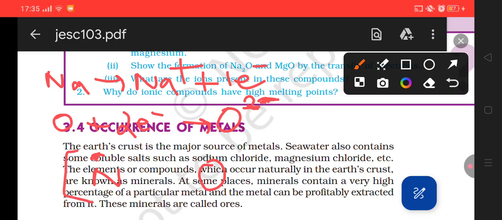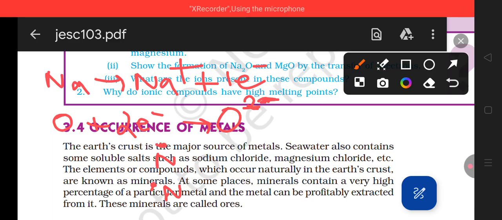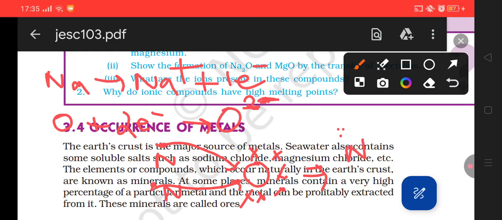So when we take two Na like this, and this is oxygen, now you will write Na dot 2.